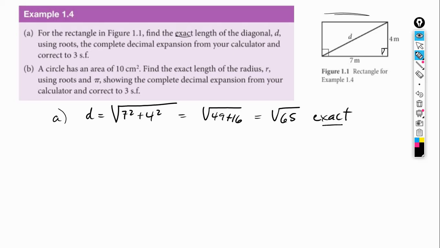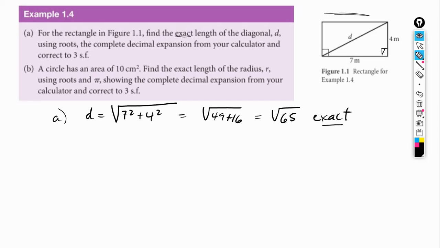So this is exact. That's what they mean with the word exact, meaning that if you have an irrational answer, like square root of 65, in order to express it exactly, you have to express it with the square root. Next, it says the complete decimal expansion from your calculator.